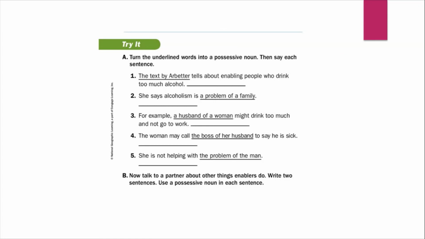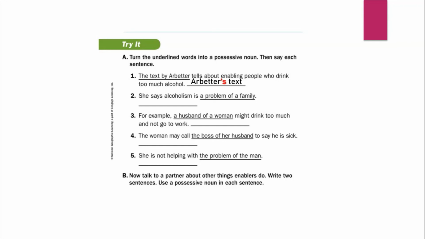The first one says, the text by Arbiter tells about enabling people who drink too much alcohol. So, how can I make that into a possessive noun? So, who owns what? Yeah, Arbiter owns the text, right?